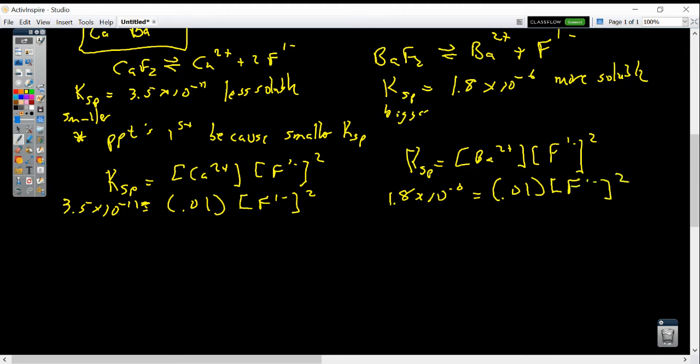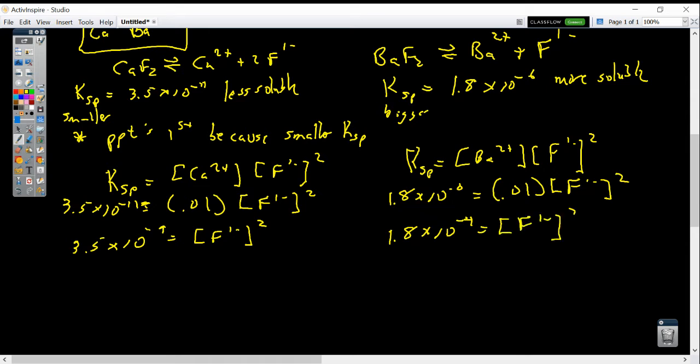So this is some value, which is going to be 3.5 times 10 to the negative 9. And this is going to be 1.8 times 10 to the negative 4th. So you can sort of see once you take a square root that this is going to have a smaller max concentration of fluoride.